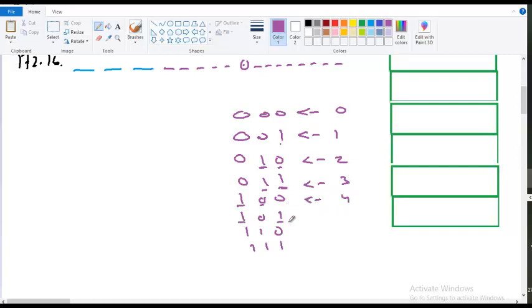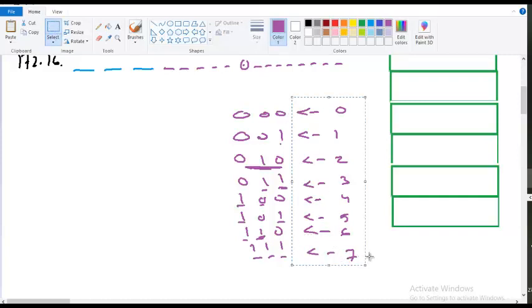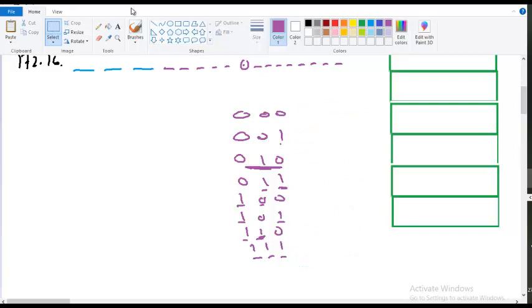This 4 plus 1 is 5. 4 plus 2 is 6. And 4 plus 2 plus 1 is 7. So this is the order in which we can write the different probabilities out of the 3 bits that we have.